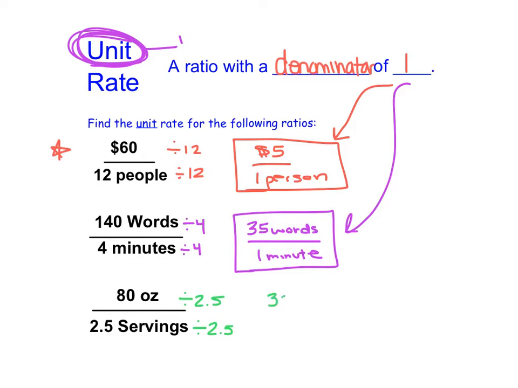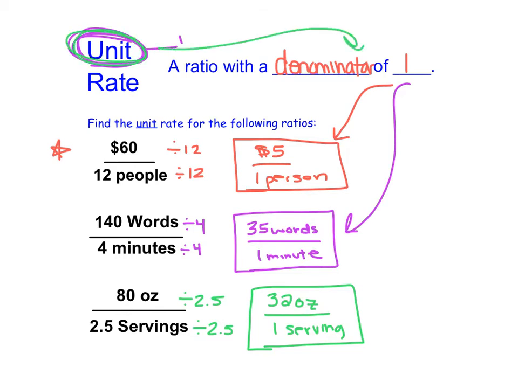So we end up with 32 ounces. And 2.5 divided by 2.5 is 1 serving. So whatever type of food this is, 32 ounces is the equivalent of 1 serving. So again, a unit rate is a denominator of 1.